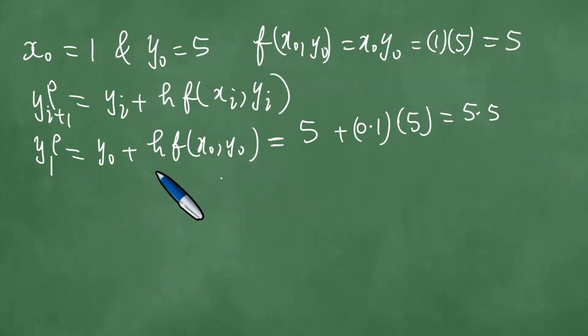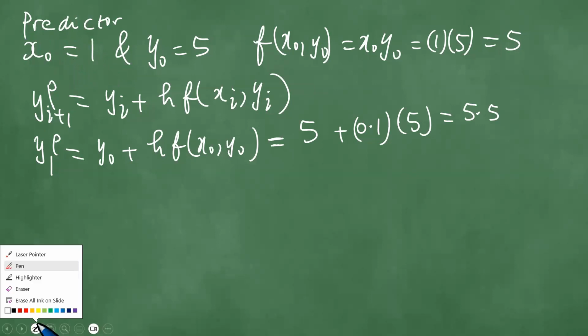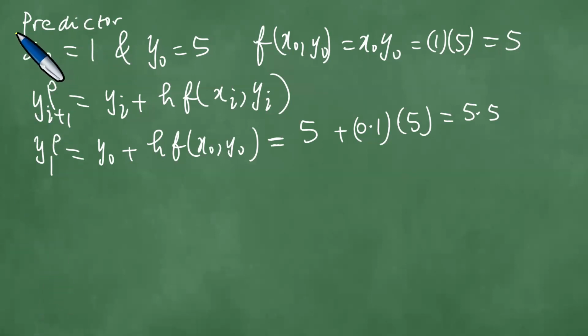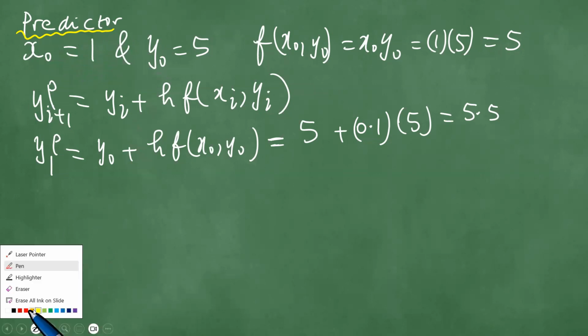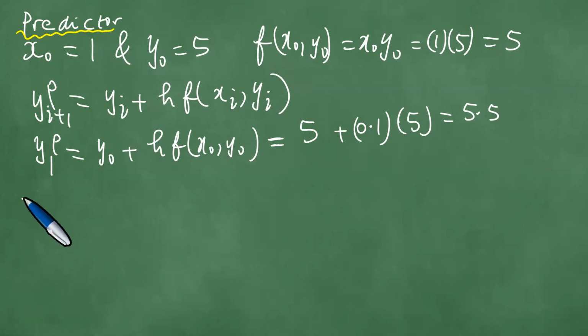Once you do this, you are done with the predictor. So this is the predictor calculation. You must repeat these steps. So you start with the predictor and you go through these steps, and then the same is done to the corrector. Let's do the corrector.